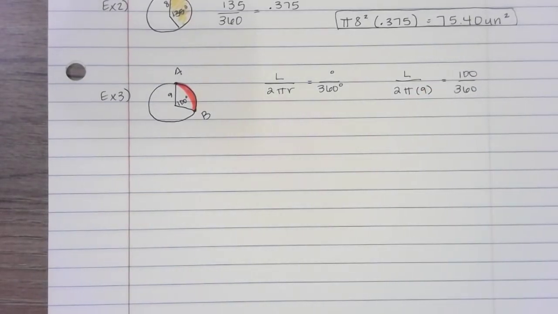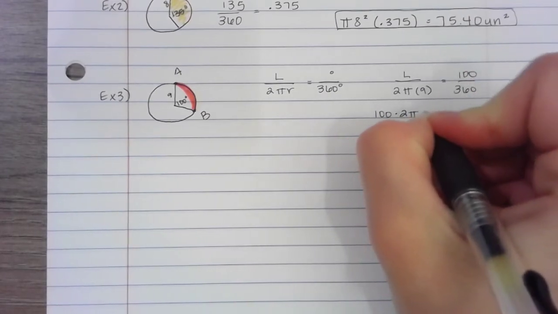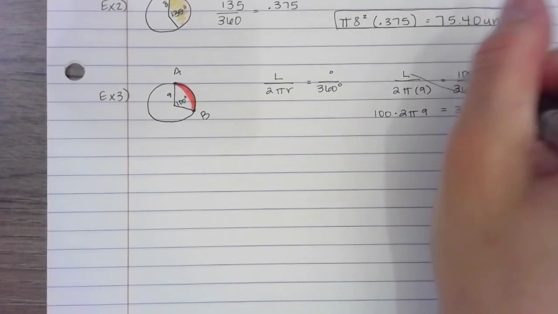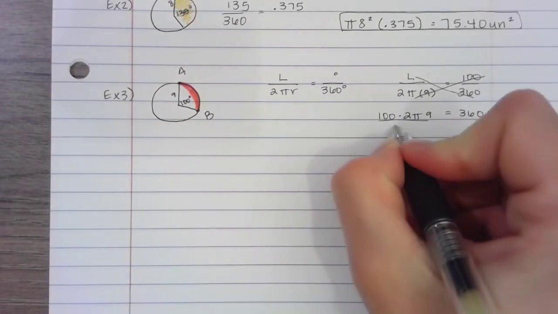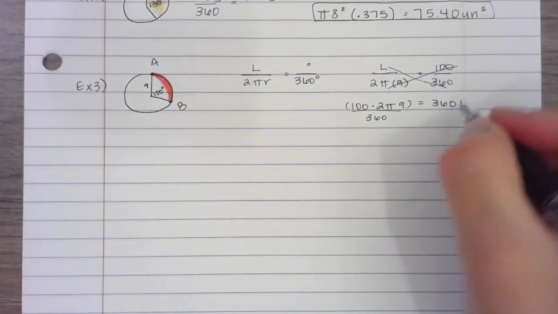So you can cross multiply there, and you get 100 multiplied by 2 pi r is equal to 360L. Divide both sides by 360, and just type all of that in your calculator. If you do it at once, make sure to use parentheses.